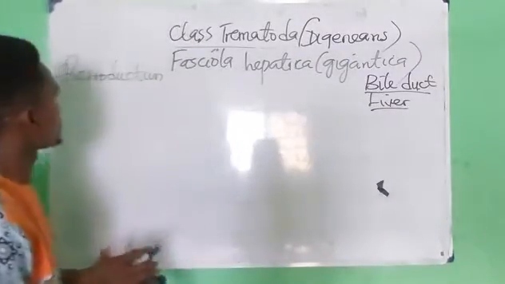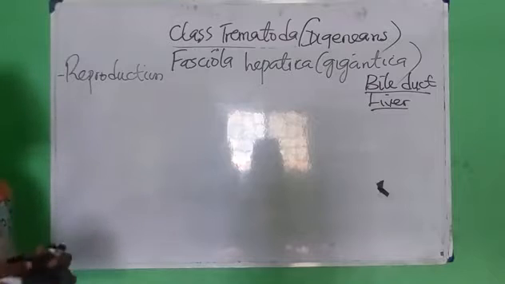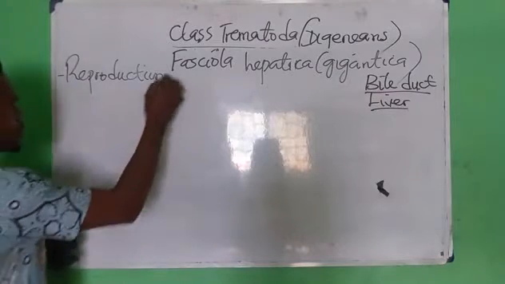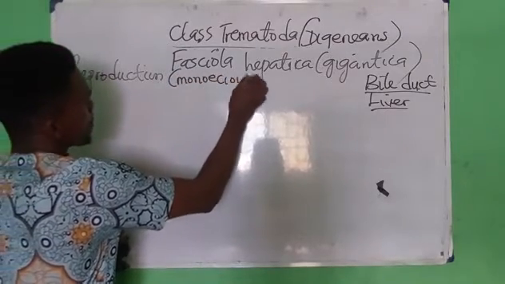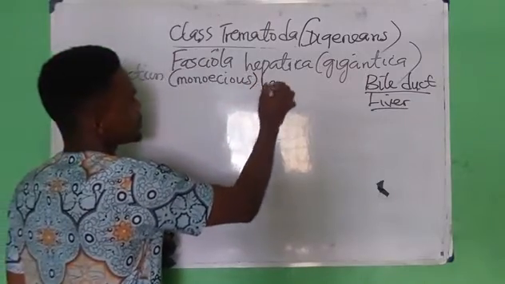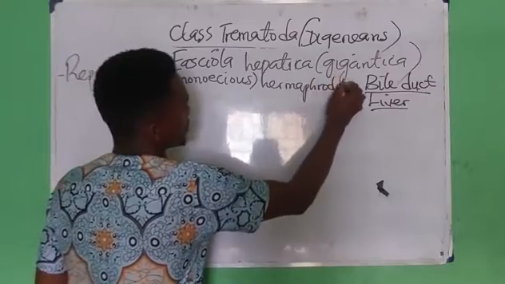Now, what kind of reproduction or mode of reproduction does this organism undergo? It is monoecious, which is to say that it is hermaphroditic.